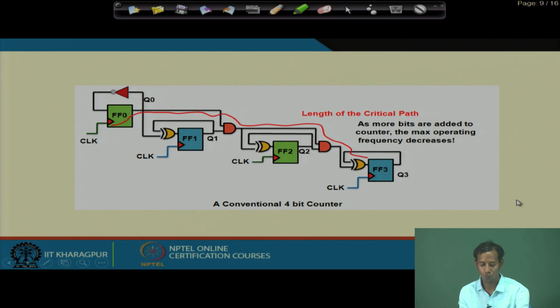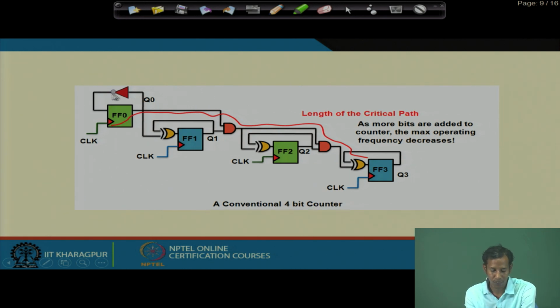So, this is one conventional 4-bit counter. Whenever we consider this conventional 4-bit counter, it counts by, let us say, an increase of 1. Okay. So, there will be these flip flops and the inputs will be connected like this.